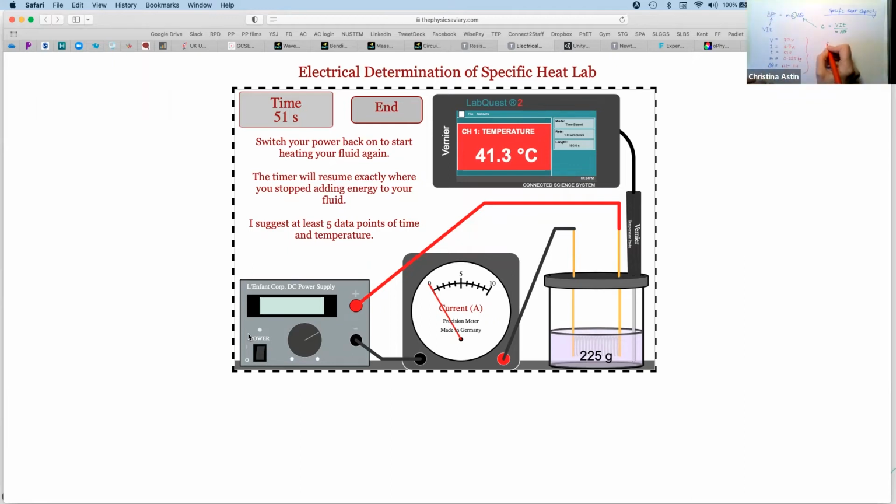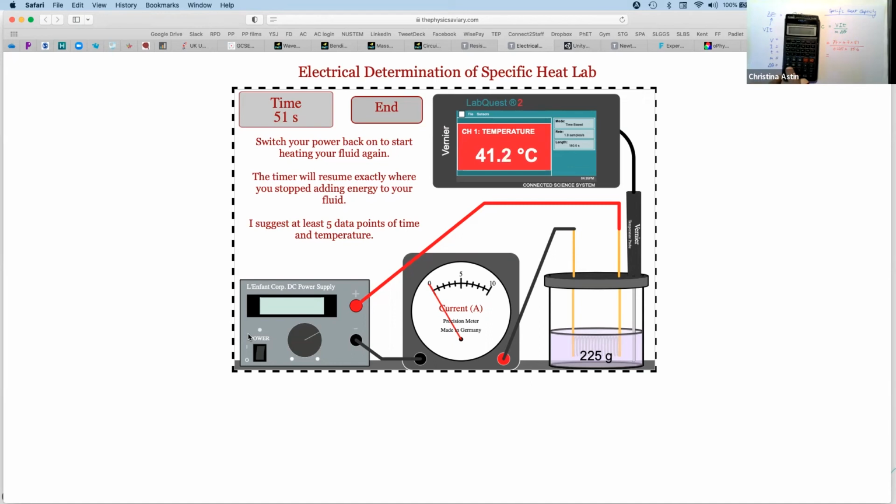Right, let's put in some numbers. So we've got 77 times 4.7 times 51 divided by a mass 0.225 times the temperature change, which is, do you know what, I'm feeling very lazy and I'm going to do that on my calculator. 35.6. All right, so we put all that in.